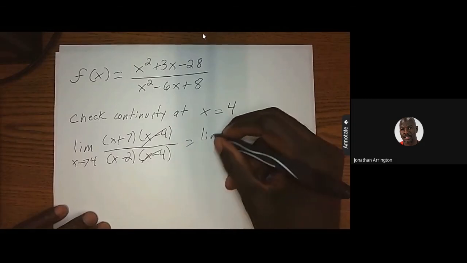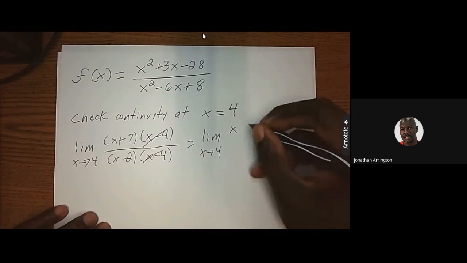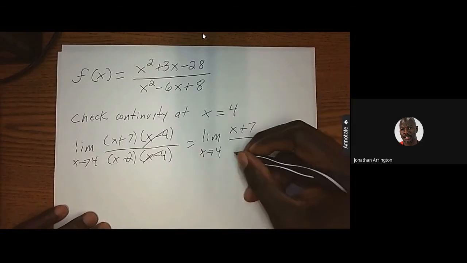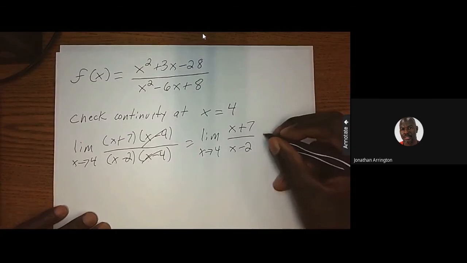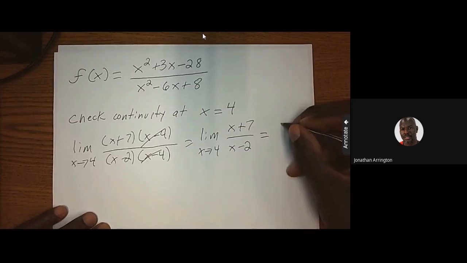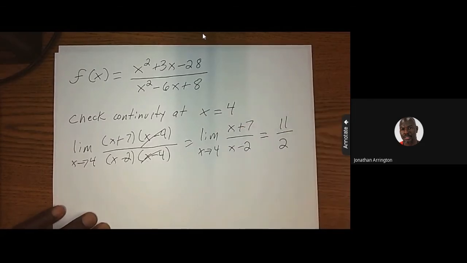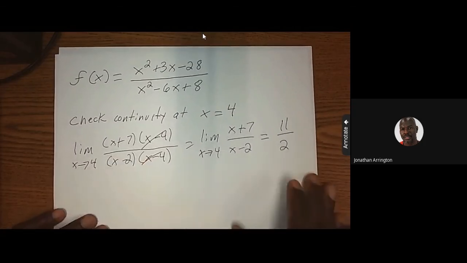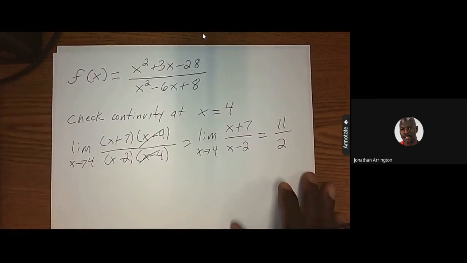And then you can just take the limit as x goes to 4 of x plus 7 over x minus 2. And from there, you can plug in 4 for x, and you'll get 11 over 2. I think that was like steps 1 and 2. And that's fine. That's definitely the limit. The limit as x goes to 4 of this function is definitely 11 over 2.